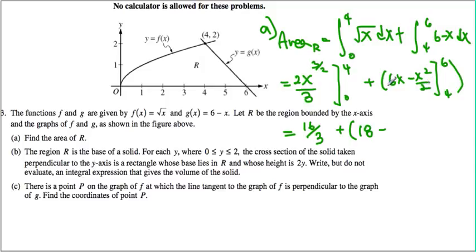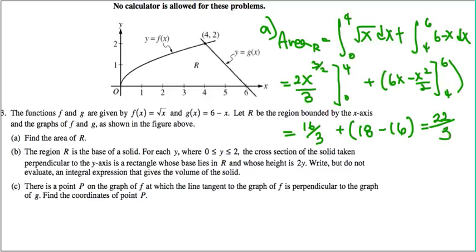So 24 minus 8 becomes 16. Now, that's what we end up getting. So therefore, 2 is left. So 2 plus 16 over 3 becomes 22 over 3.